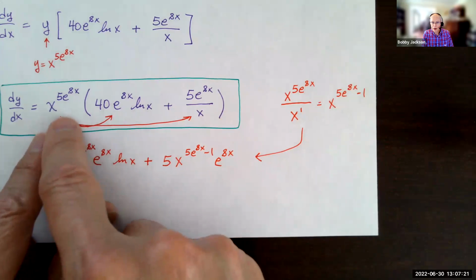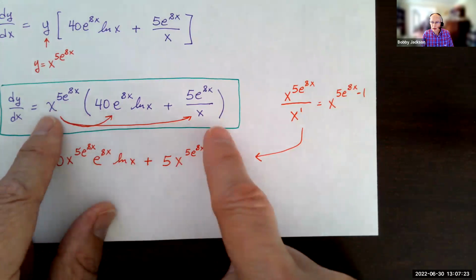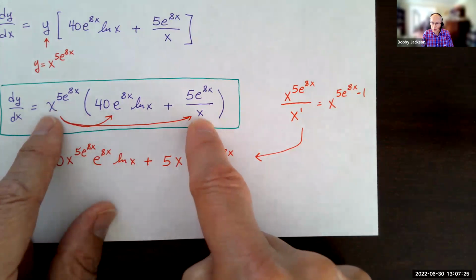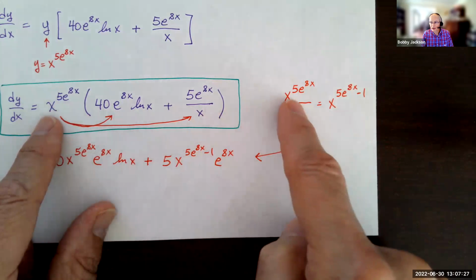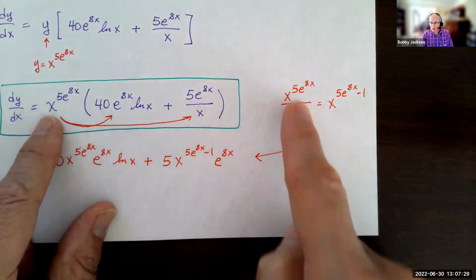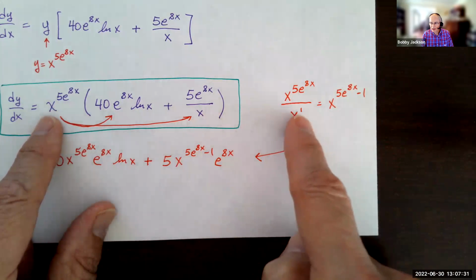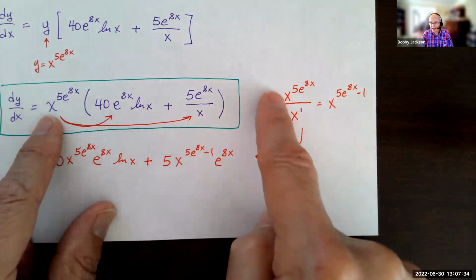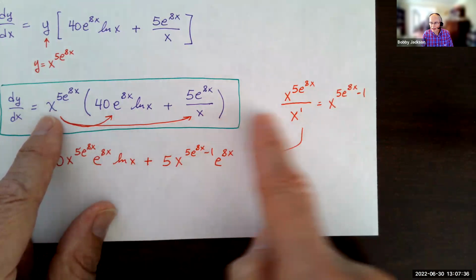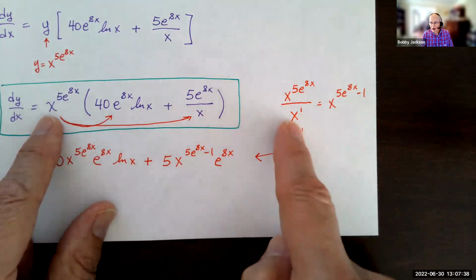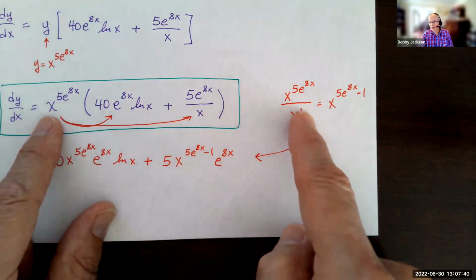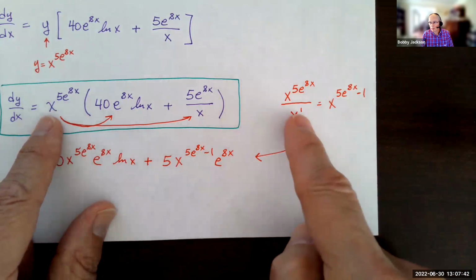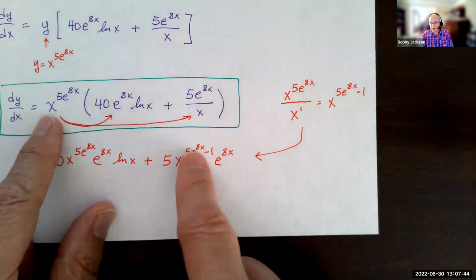Well, when I multiply x to this power and divide it by x, which is x to the first power, it looks like this, right? x to this expression divided by x, which is x to the first power. What do we do when we divide like bases, right? The base is both x in this case. When we divide like bases, what do we do? The exponents, we subtract them. So the exponent here minus the 1, that's where this is coming from.